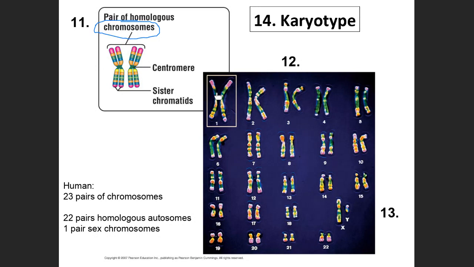Now, technically speaking, we cheat, okay? Because if you notice, it says each of these represents a pair of chromosomes. But then down here, it turns around and says, oh yeah, but also these guys right here, it tells you sister chromatids. I'll explain this later, okay?